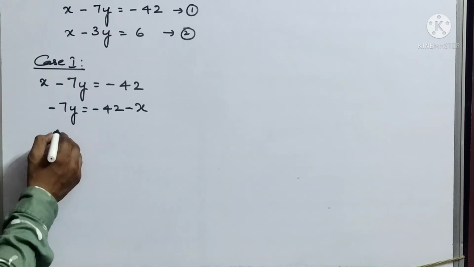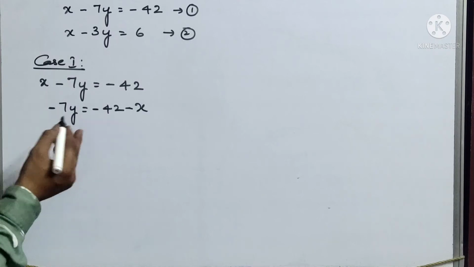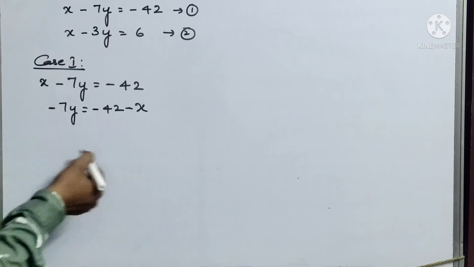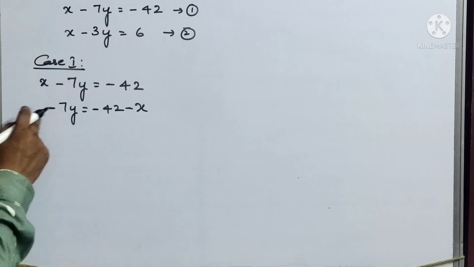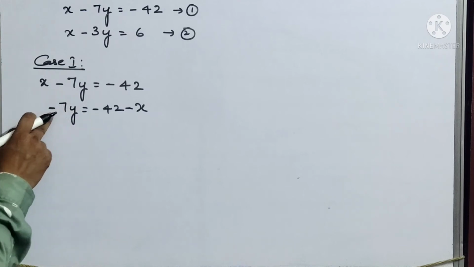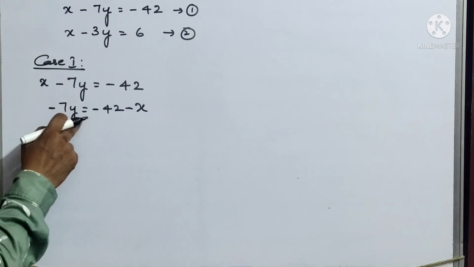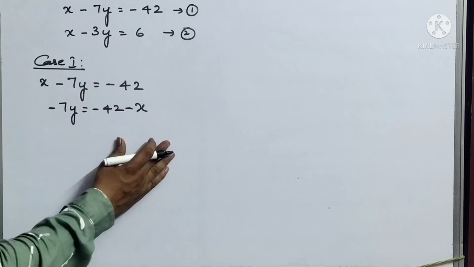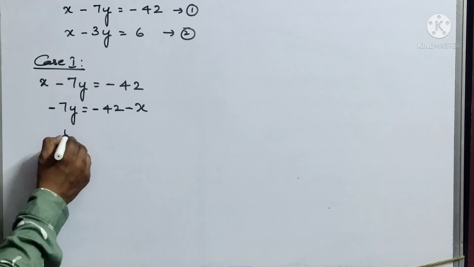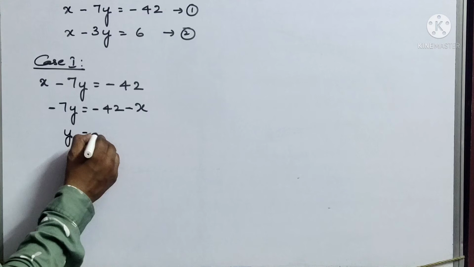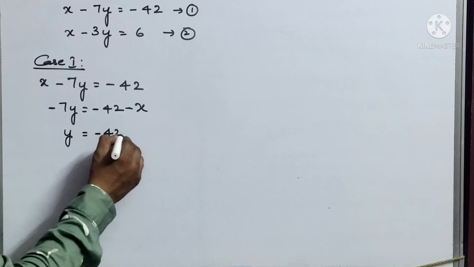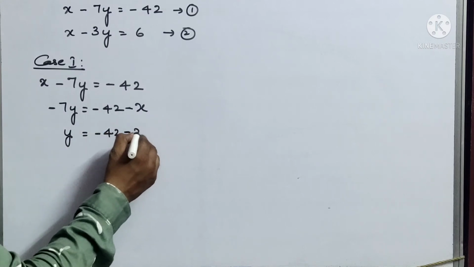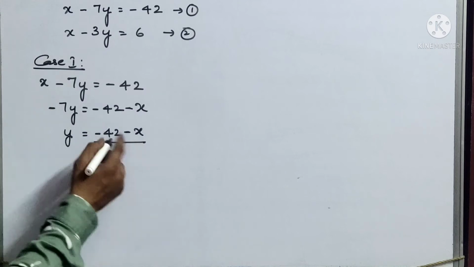Otherwise do one thing. You can send this 7 that side now very easily. Instead of multiplying with minus, here minus 7 into y. So into will go this side, means it will become a division. That means y equals to minus 42 minus x by minus 7.